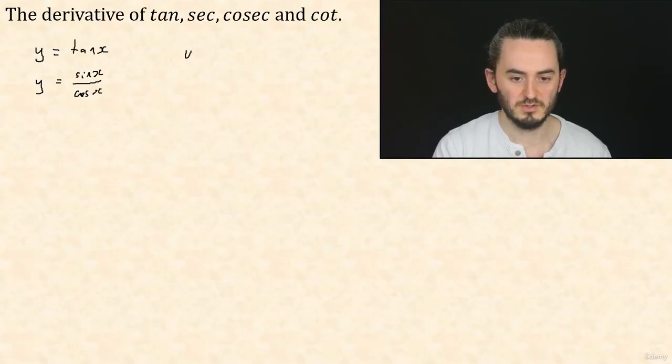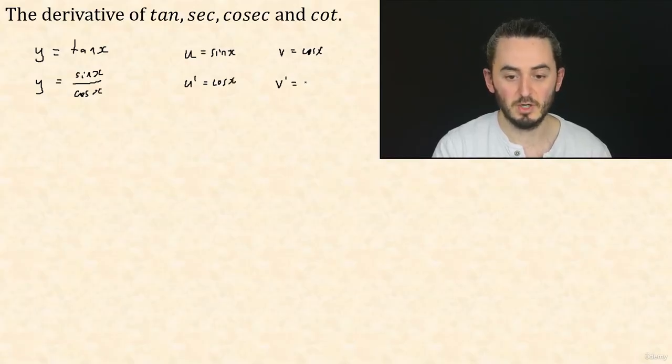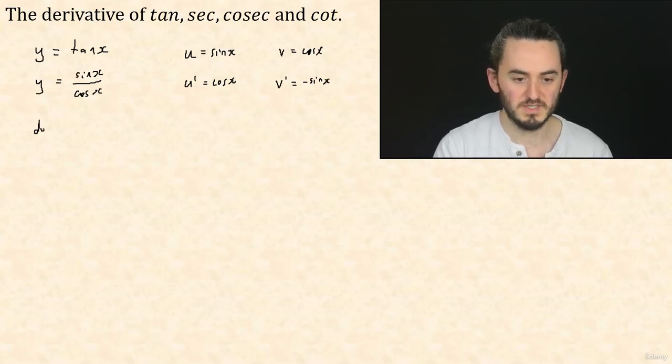So the numerator is u, and that's sine x, and the denominator v is cos x. And so u dash is cos x, that's the derivative of sine, and v dash, the derivative of cos, is minus sine x.